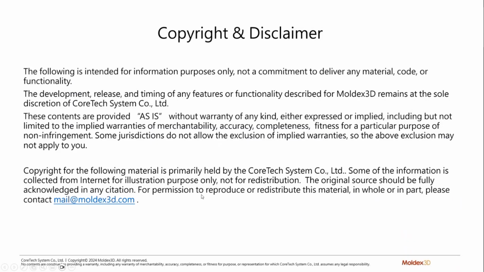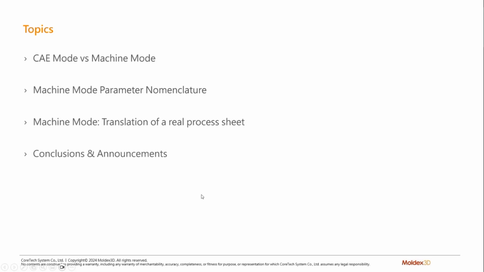Okay, so today's topic will be covering CAE mode versus machine mode, and how to set that up in Moldex3D. It's quite daunting to translate machine parameters from the shop floor and the molding sheet into the Moldex3D machine mode setup.